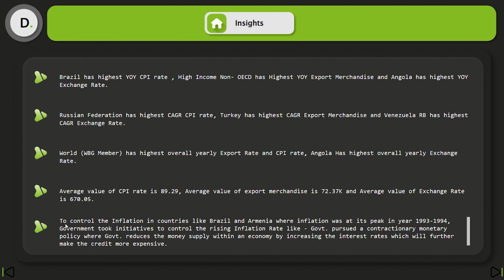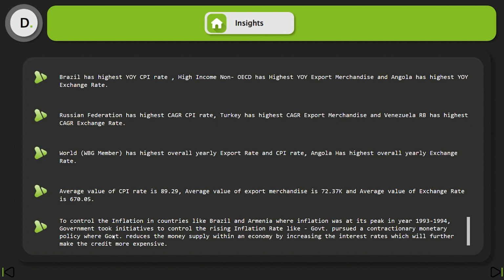Now, what are the measures which a country can take in order to control their inflation or deflation? So in order to control the inflation in countries like Brazil, where we have seen the highest year-on-year CPI rate, and Armenia also. Inflation was at its peak in 1993 and 1994. The government took initiatives to control the rising inflation rates.